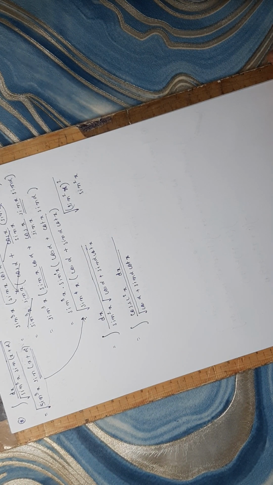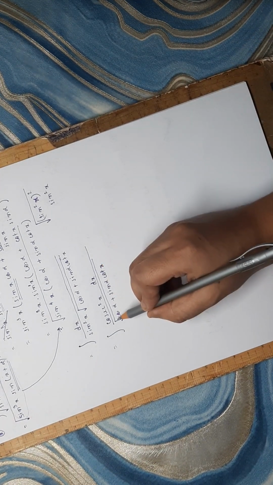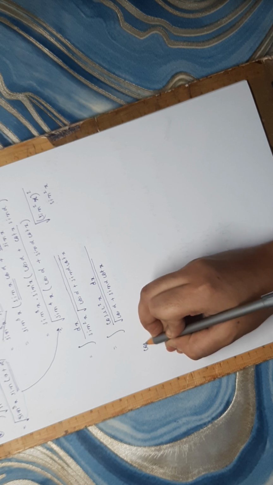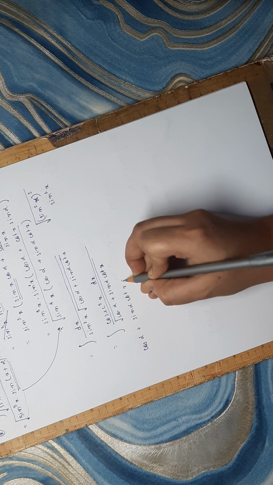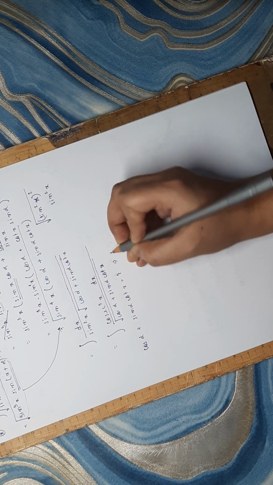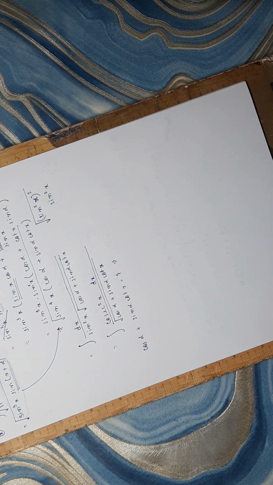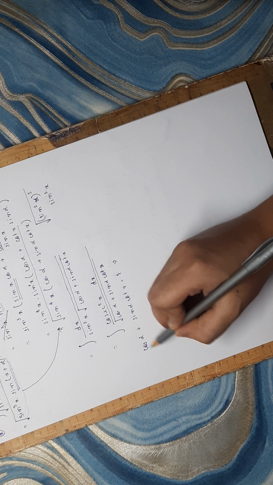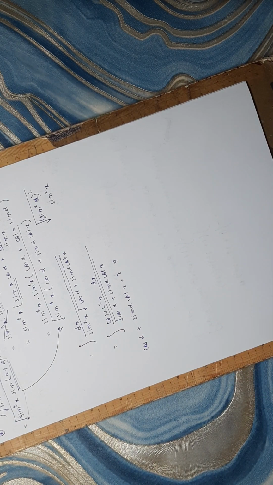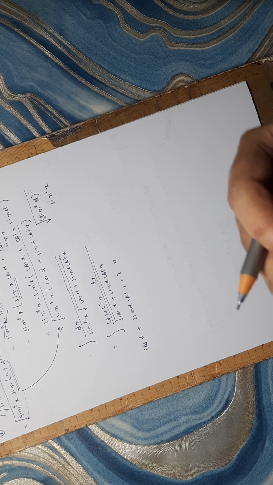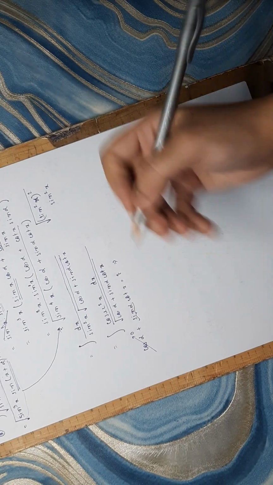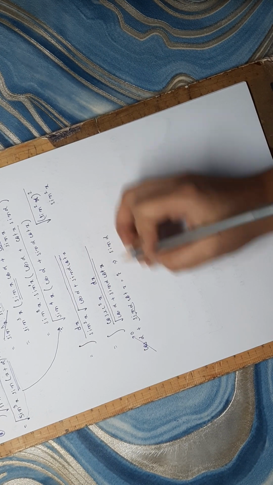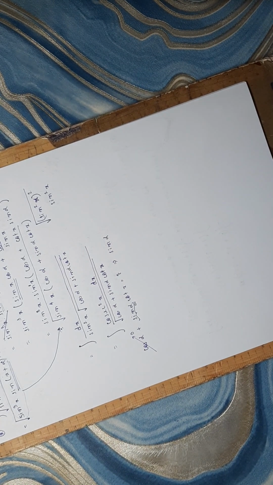Now listen to me very carefully. In the denominator, if you consider the denominator part to be your t, then what will you get as derivative? Derivative of cos alpha will become 0, because we are taking derivative with respect to x. The sin alpha will act as a constant, because we have alpha here and we want to take the derivative with respect to x.